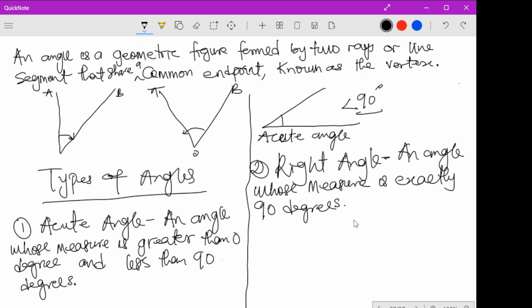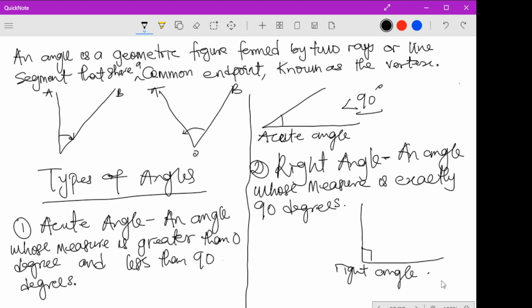So let's have a little shape that shows what we call a right angle. This is what we call a right angle. So these are other types of angle. Let me do a revision before leaving this page.